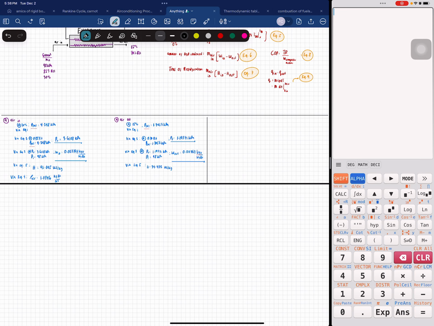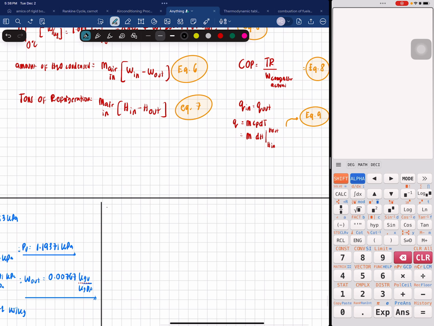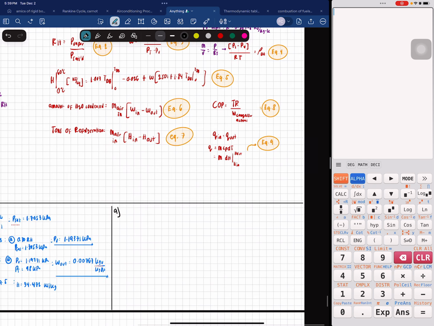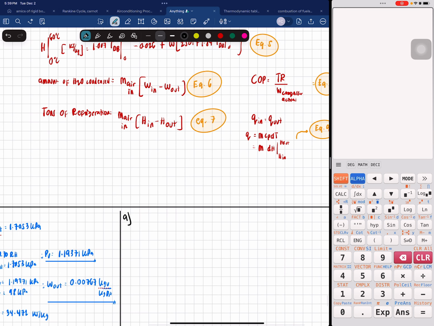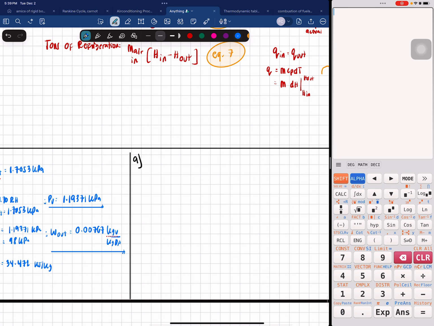So, what's the first thing that we have to look out for? Let's try to find the mass of air going in. Since we have the volumetric flow rate, we really just have to convert this one. 6,000 cubic meters per minute. I want to use per second, since later on we'll be using kilowatts or kilojoules per second. Let's just say this is 60 seconds.